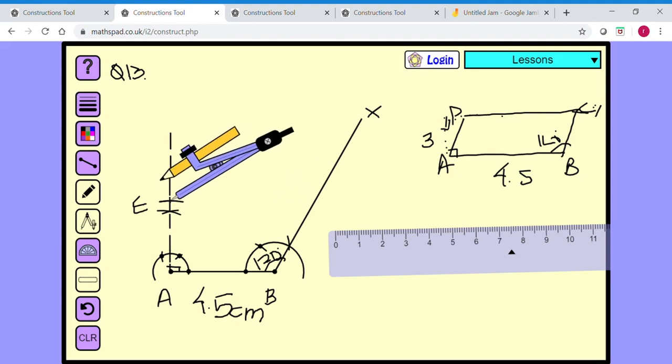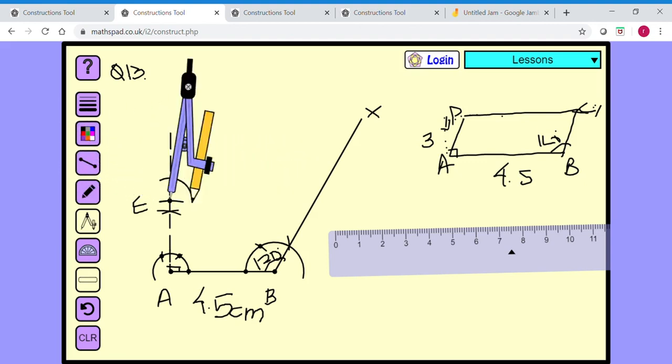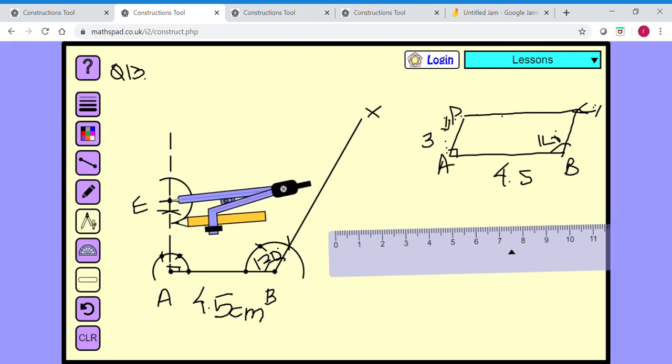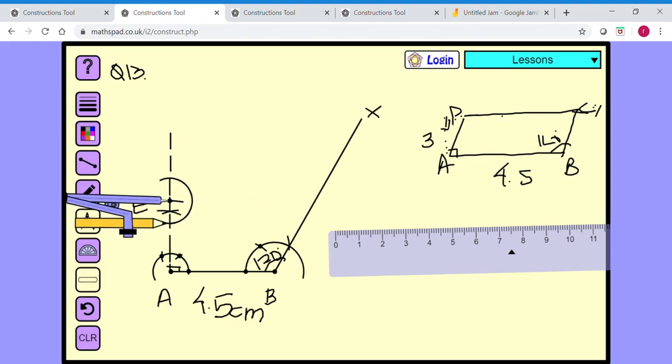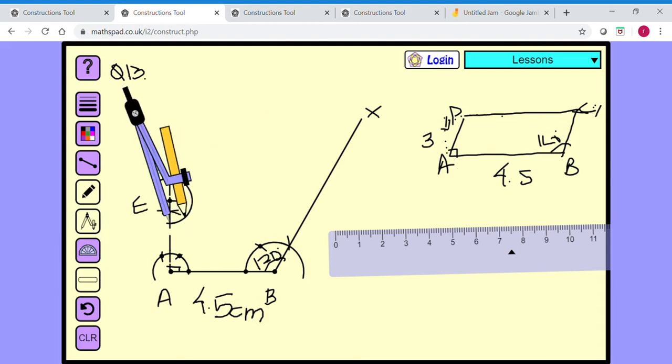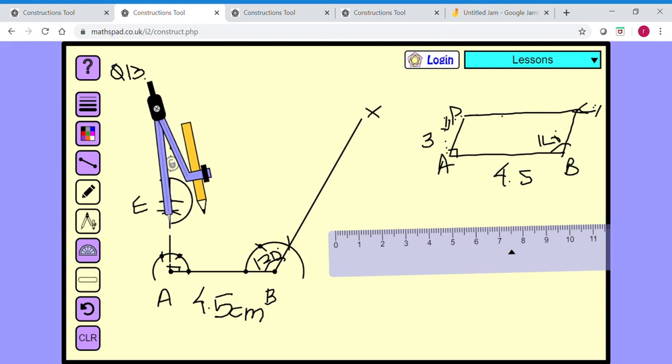I'm keeping it here and I'm making my semicircle. Done. I've got my semicircle. I pick up my compass, keep it at the point where it intersected this, and I now cut my first arc. I ended up opening the compass, that's fine.